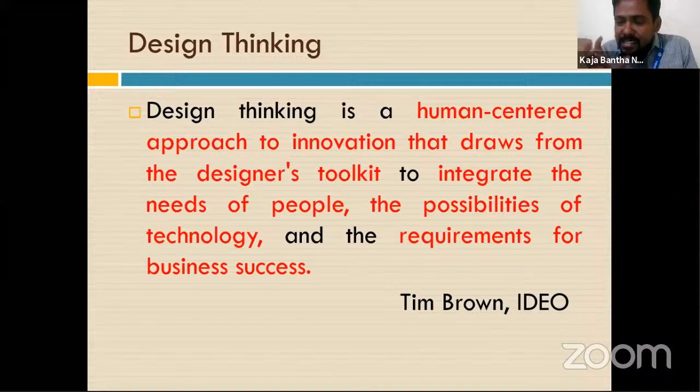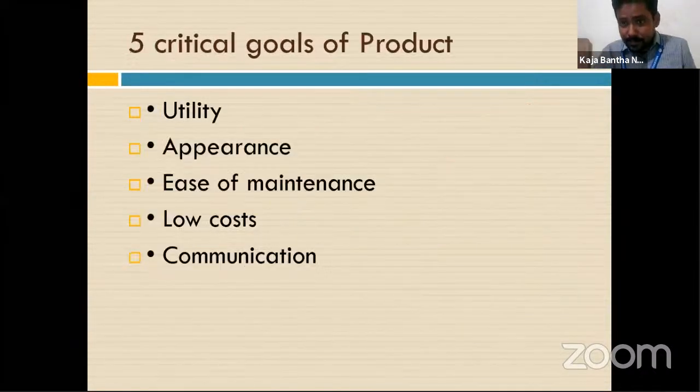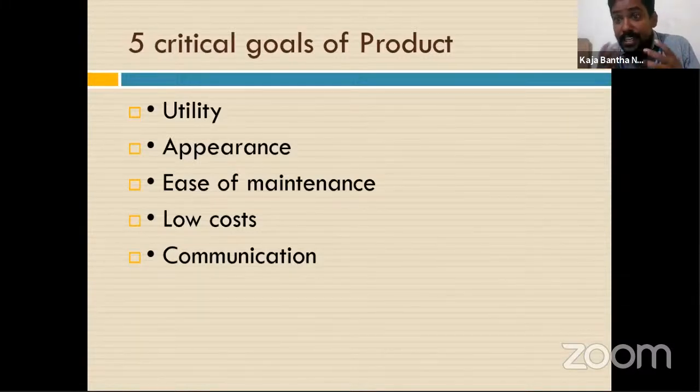One more thing: at each and every stage, the design stages, the process stages, and after the product, from the customer's point of view, like service centers, you validate your quality. Take any product: utility, appearance, ease of maintenance, low cost, and communication.